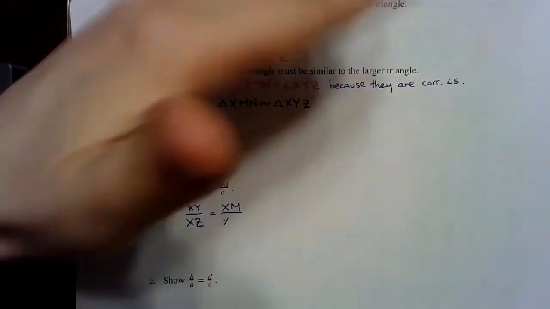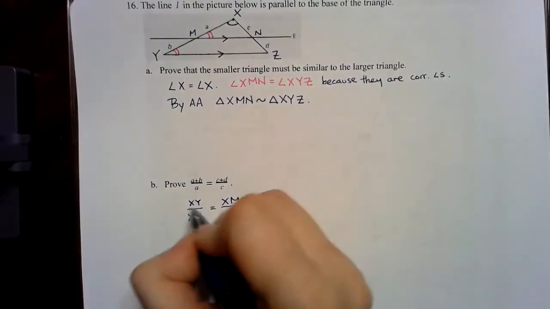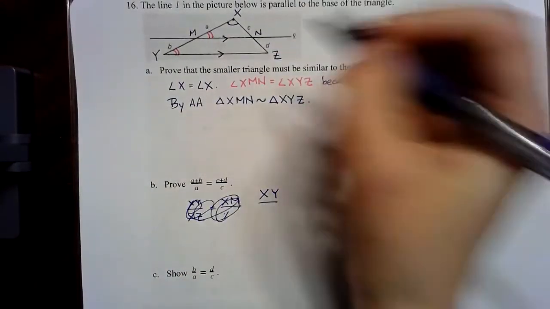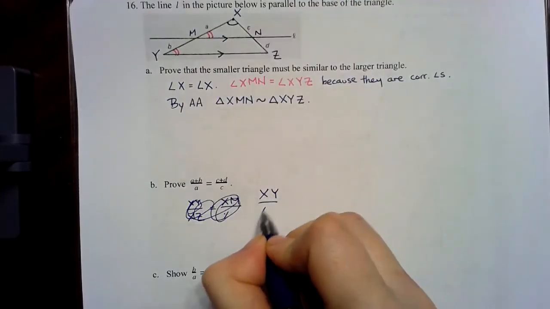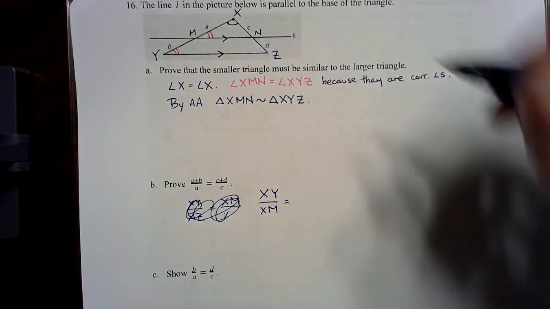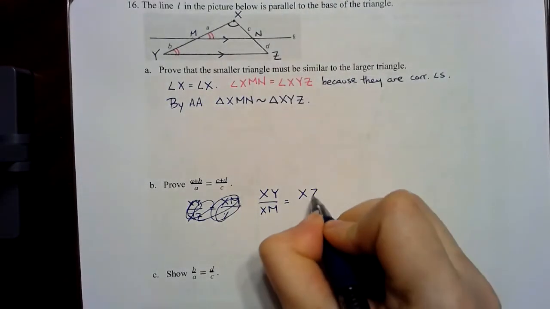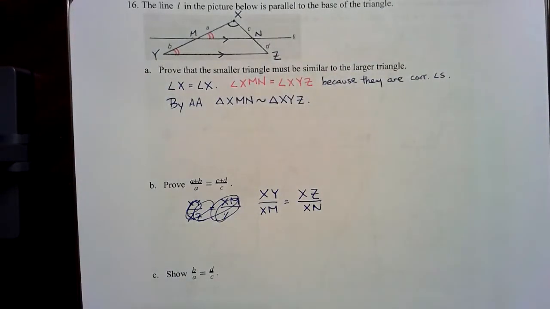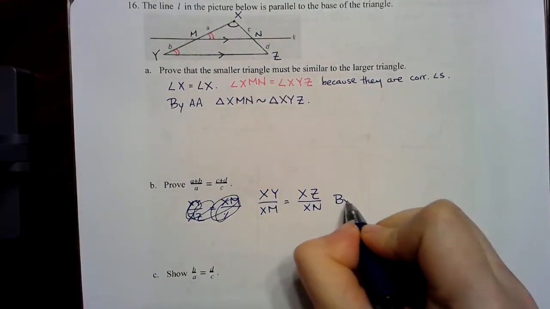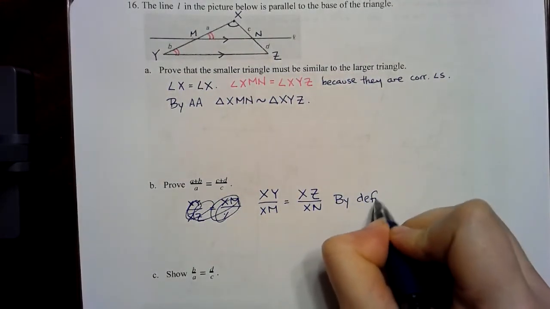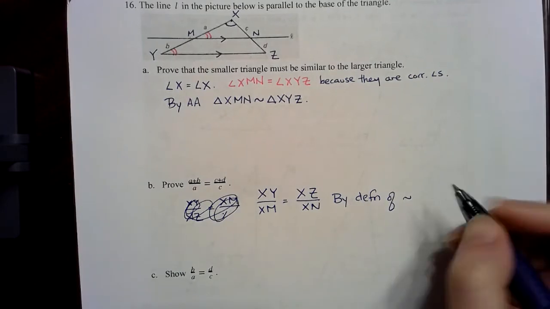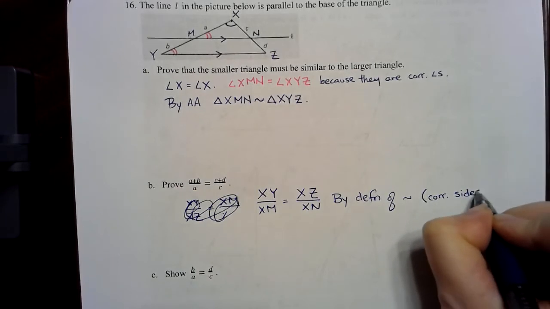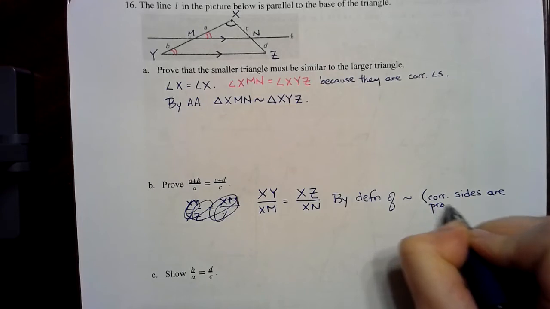XY is this length in the big triangle. And we want that to correspond to the little length in the little triangle. And XZ, the length along here, will correspond to the similar length by the definition of similarity that corresponding sides are proportional.